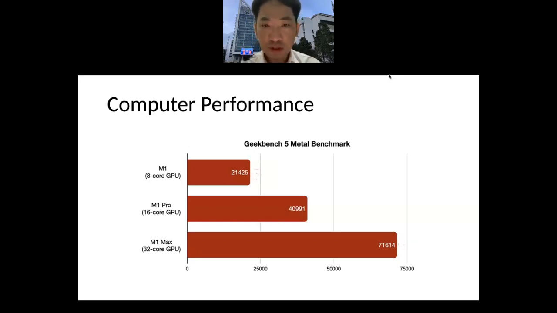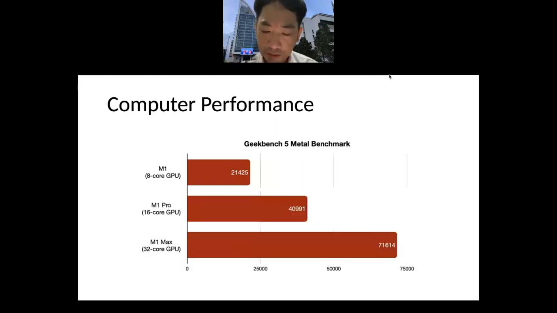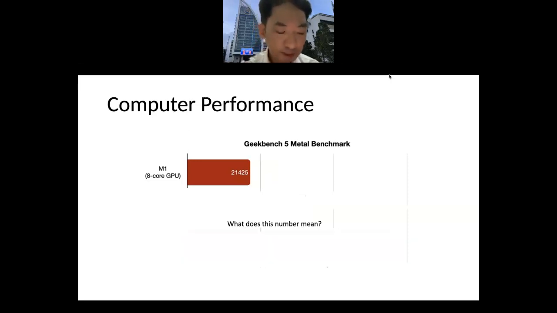What I would like to infer is that when you see the number of any benchmark alone like this, you don't know what it means. But if you have the comparison between the processors, for example, in this slide, you see the number here and there, so you can compare them. The same as the very previous slide.